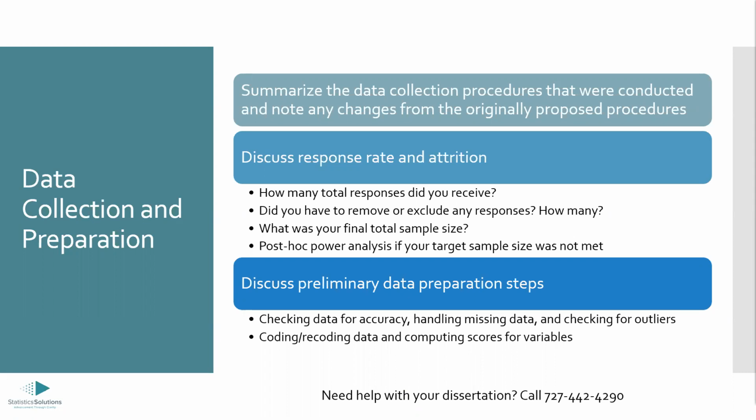Or are you going to try to include participants who are maybe just missing a few responses or a certain percentage of responses? And if so, how are you going to handle those missing responses? Are you going to try to replace or impute those values in some way? Or are you going to handle the missing responses using some other method? So you want to be very detailed about how you are handling those issues.